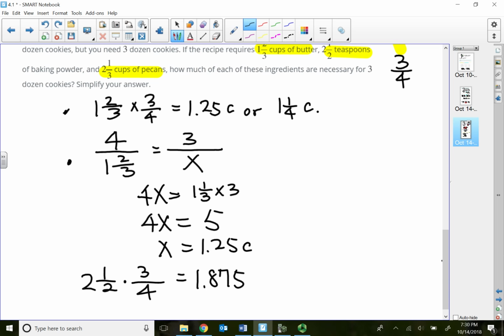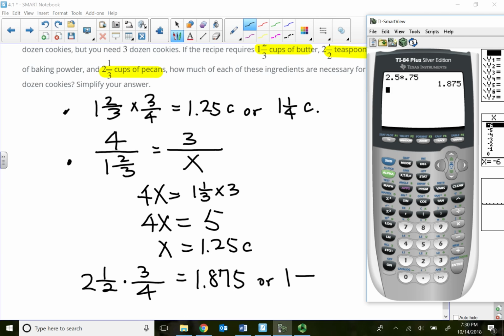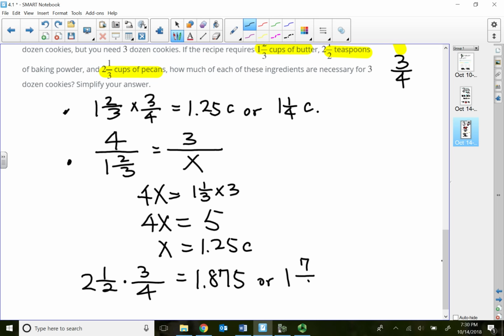If I want to convert that into a mixed number, my whole number is already 1, so I take away 1 and convert 0.875 into a fraction, which is 7/8. So 1 7/8 teaspoons of baking powder. Now, why don't I do the same thing using a decimal for 1 and 2/3? Because 2/3 is 0.6 repeating, which is harder to key in. That's why I just went with the mixed number for 1 and 2/3.